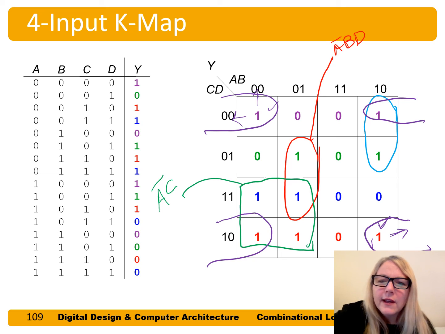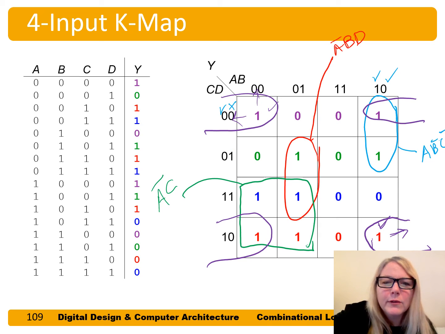Okay, and now let's do this blue term here. Has the true form of A, the complement form of B, so true form of A, complement form of B. And it has the true and complement form of D, so we don't include that, but only the complement form of C. Okay, so we have the blue circle covered.